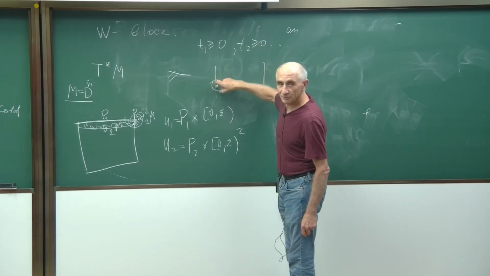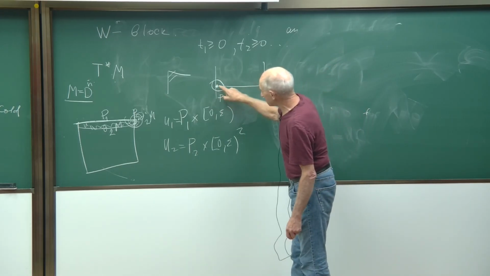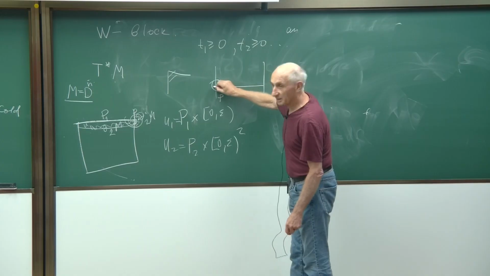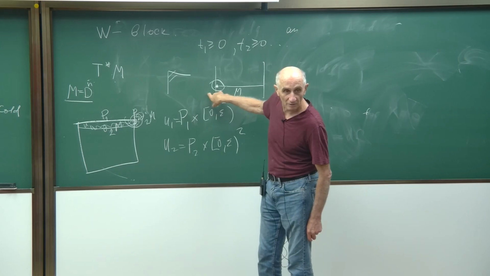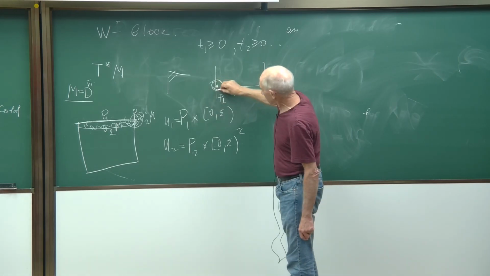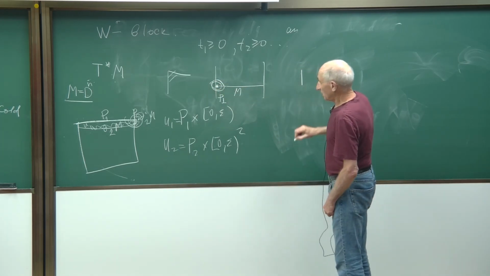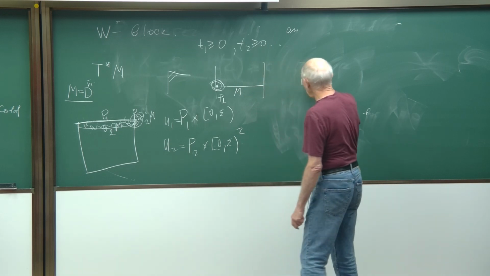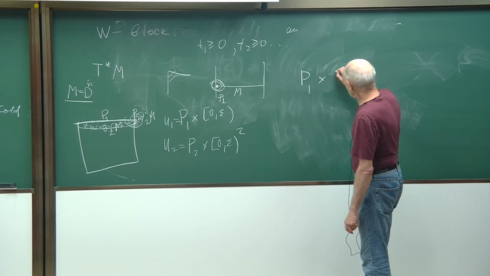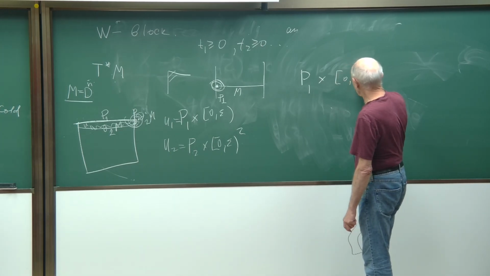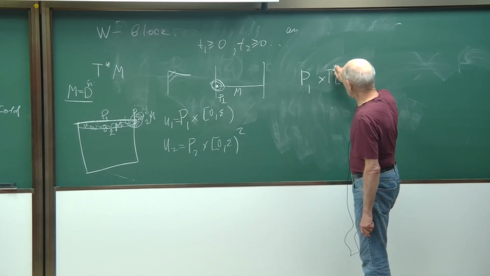What kind of neighborhood do we have here? Suppose P1 is one of the faces of M. Then the neighborhood of this face is equal to P1 times not (0, epsilon) to first degree, but T star of (0, epsilon).